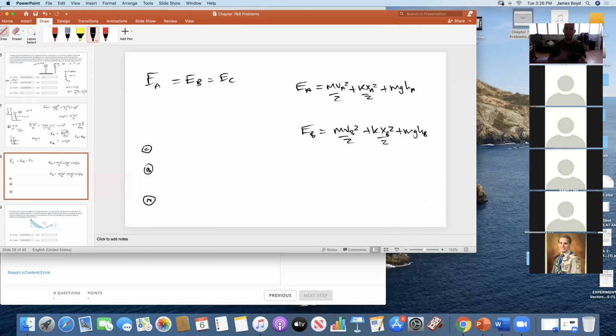Now, x and h might be exactly the same. You might set your h to be 0 at the same point that your spring, let's say we have a spring here, that we say that the rest length of the spring is 0 and the height are both 0 at B. We can do that.